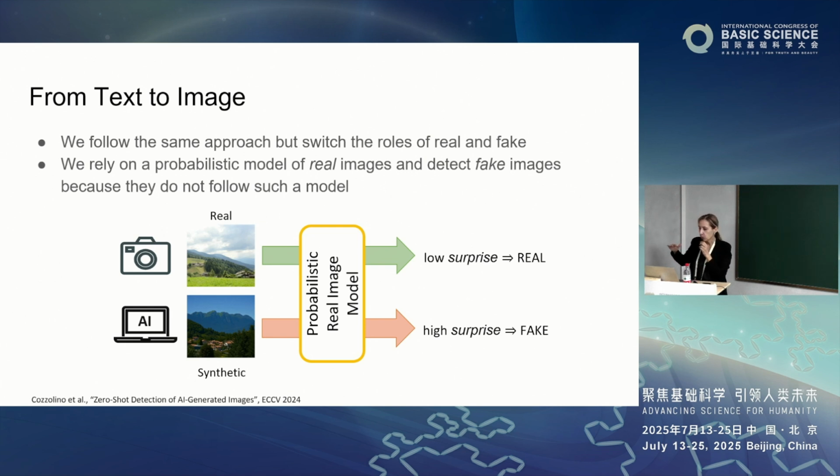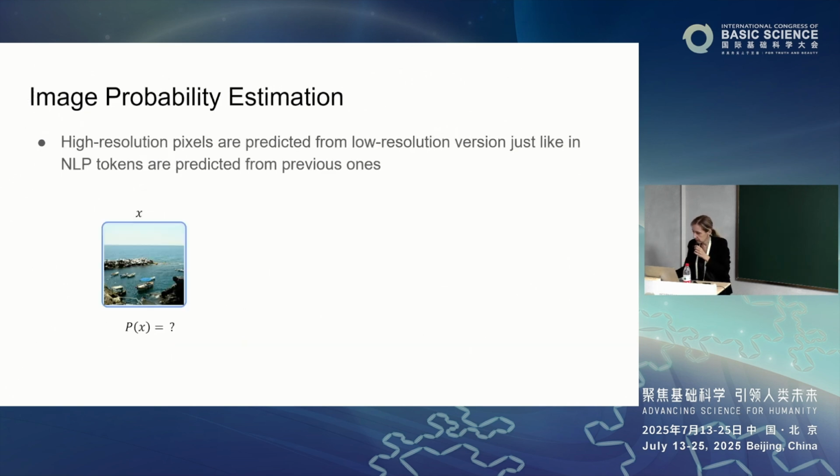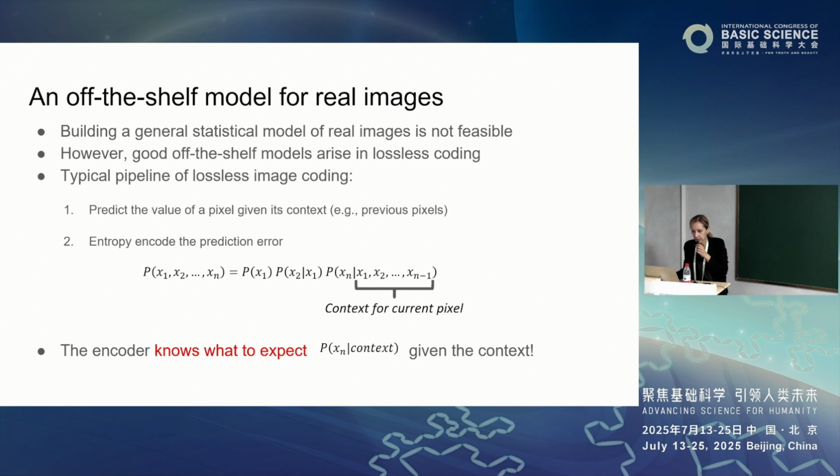So low surprise, it's real; high surprise, it's fake. The main problem is where to find a good model for real images, and we used a lossless coder. We know that lossless image coding typically builds upon a good statistical model of real images.